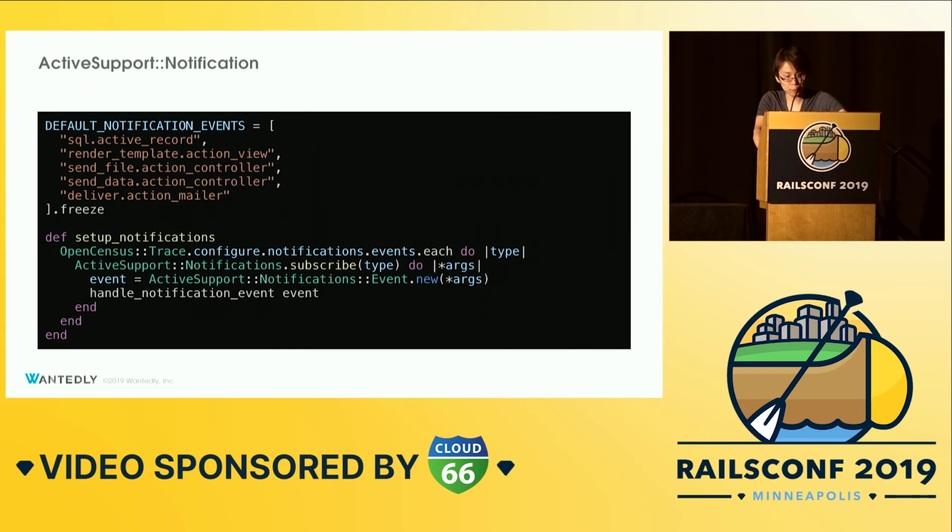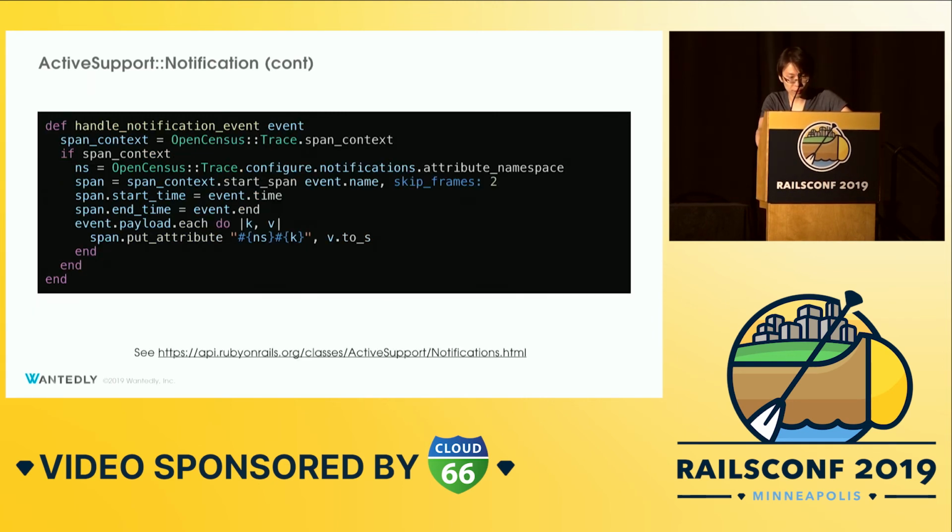So here in this case, it subscribes to 5 types of events, and calls a method called handle_notification_event. And it gets called after the event happens, which you subscribe to here.